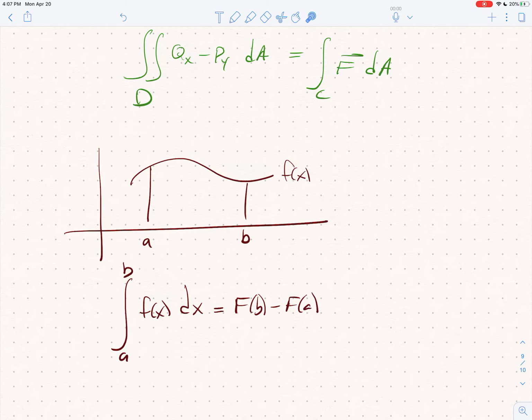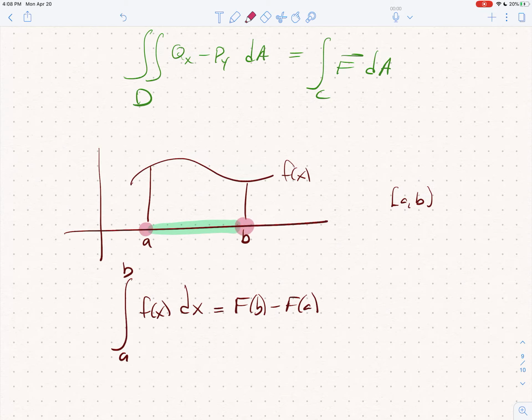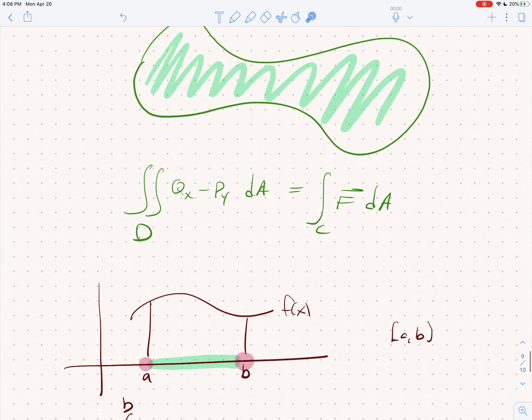And what you might not have realized at the time was that I'm integrating over this closed bounded interval, and the boundary of that interval is a and b. And so I was able to translate the integral over the whole thing to an expression involving a function and boundary points, just the boundaries here, which are a and b.